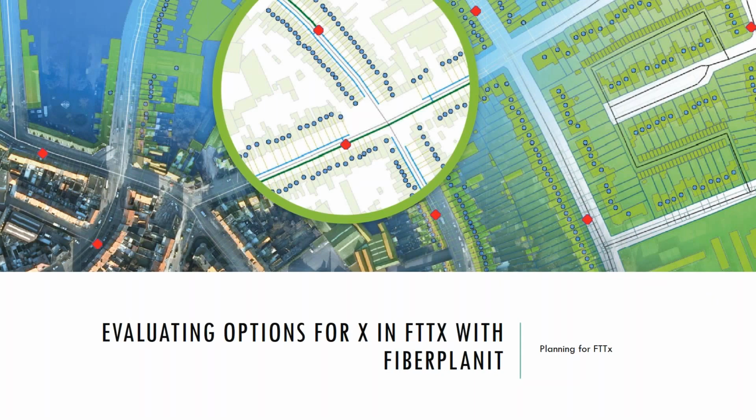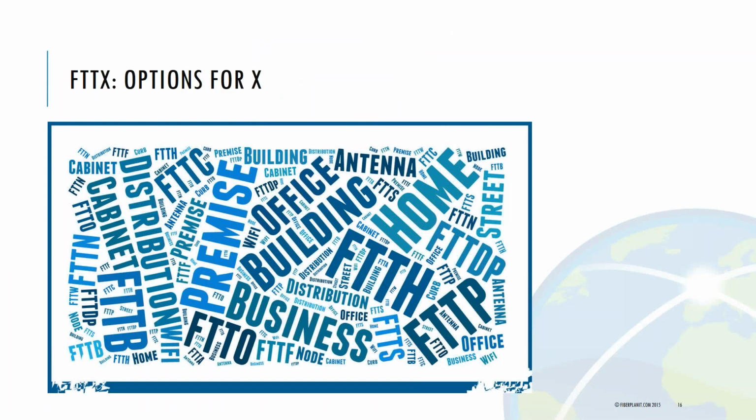But today we will focus on the fiber to the X planning and design challenges, where the X can stand for a lot of things. We all know that there are a lot of options, more options than we have letters in the alphabet for the X in our FTTx. One set of important variations relates to how far the fiber is deployed in the network.